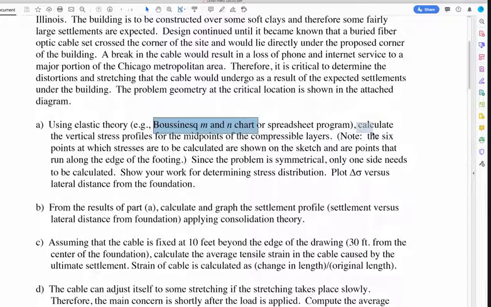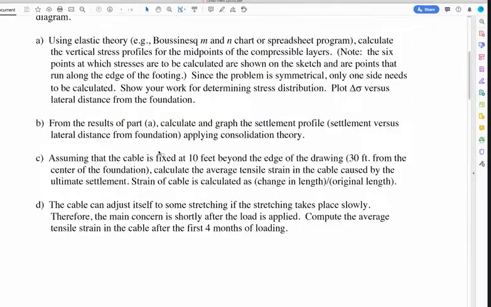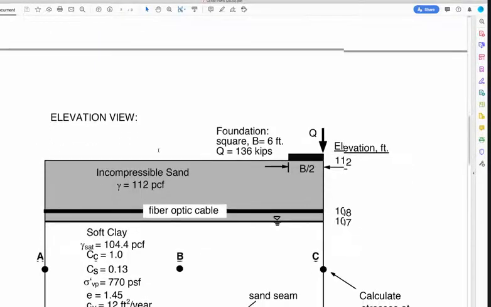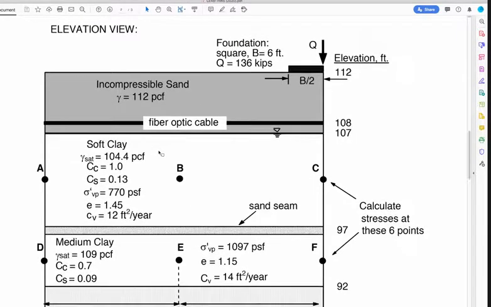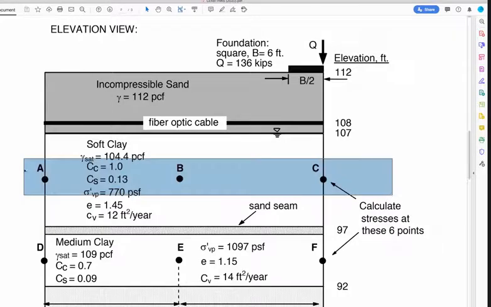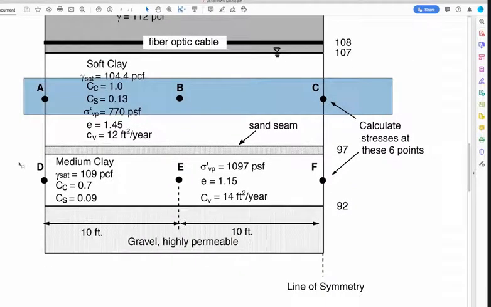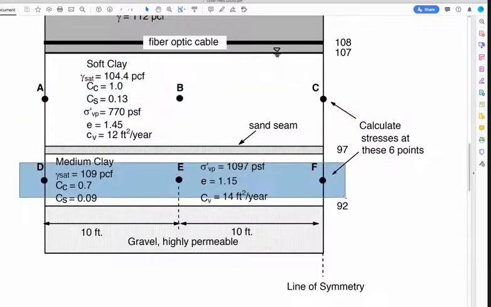And you're going to calculate the vertical stress profile for the midpoints of the compressible layers. The 6 points of interest are shown in the sketch. I was looking down at them earlier, showing 3 points of interest. But if we look in cross-section, you actually see A, B, C, and below that, there is D, E, F going on at a different depth.